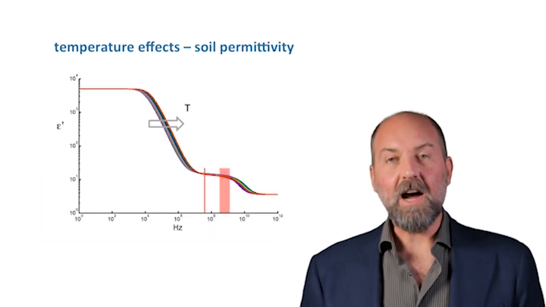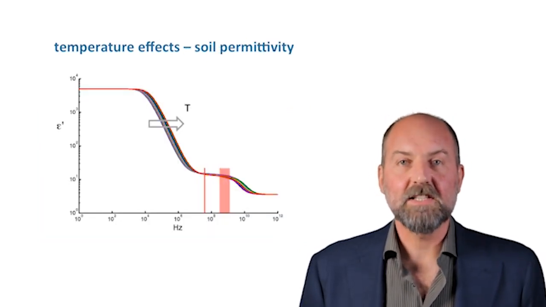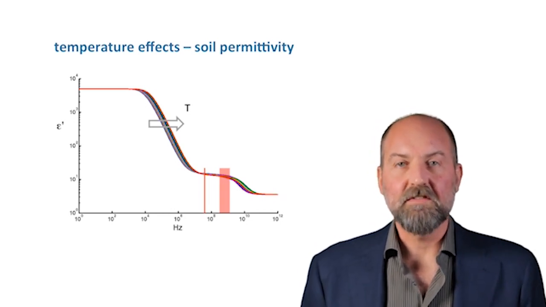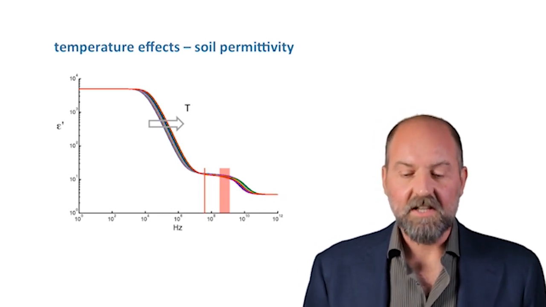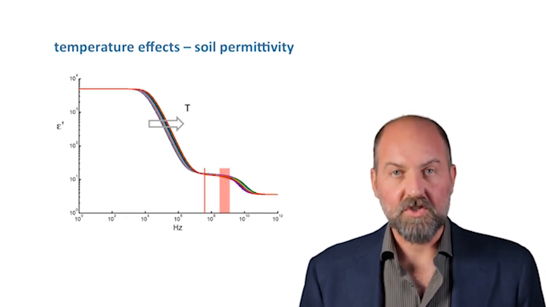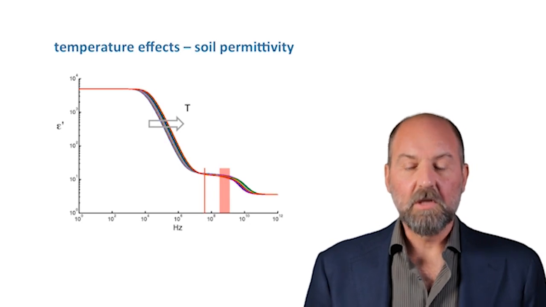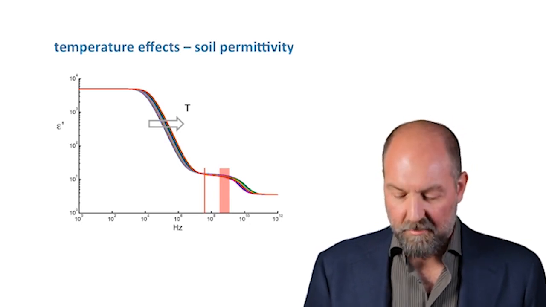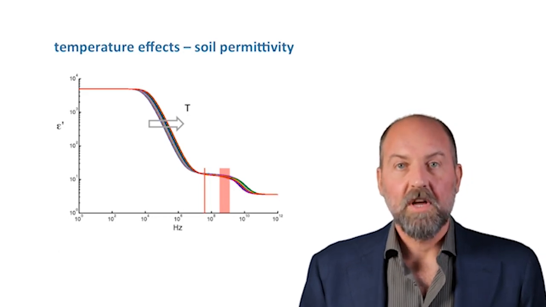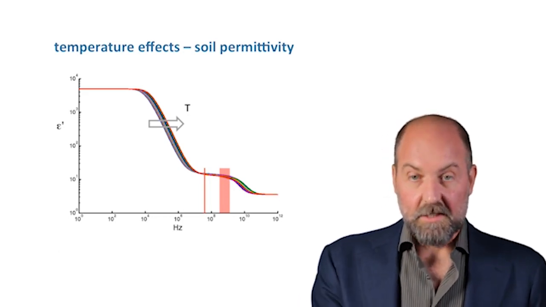Now we have combined these three mechanisms that we have described, the effects on the water permittivity and water conductivity, and also the effect on the volume fraction of bound and free water. And we have included all these in the model, and the result is what you see displayed here.